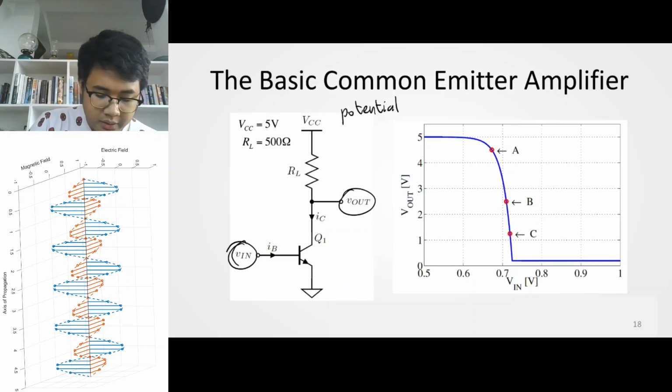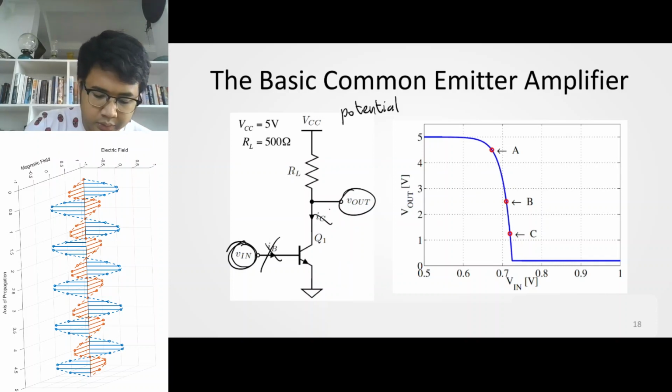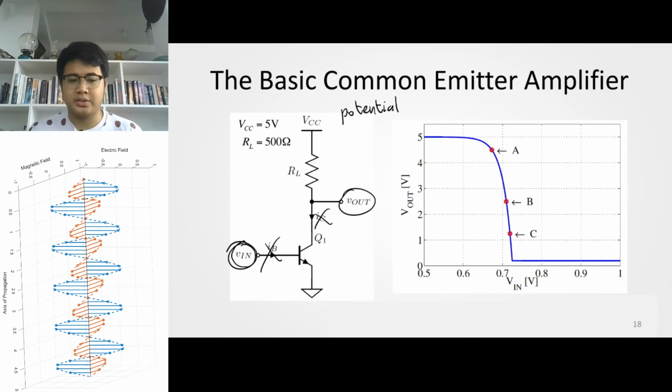The input is right here. If the input is very small, there will be no current IB. No current IB, then there's also no current IC. Your transistor is effectively an open circuit.